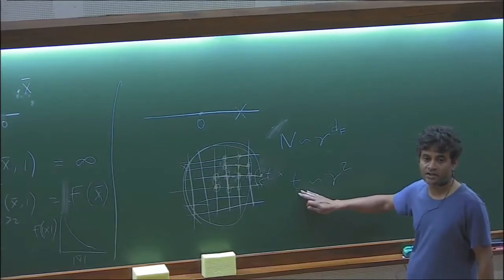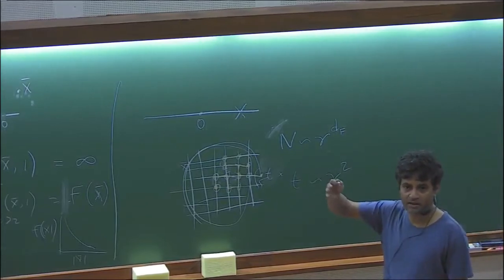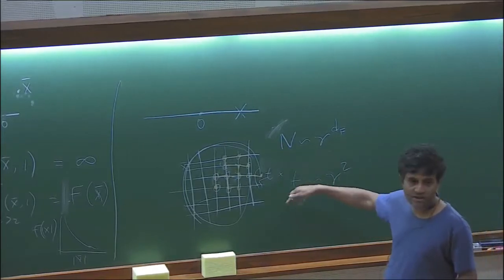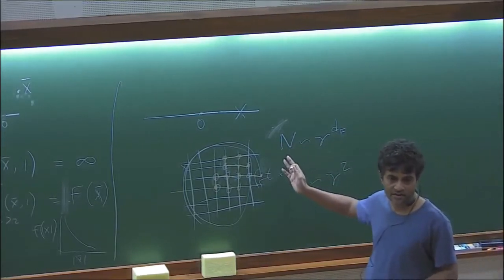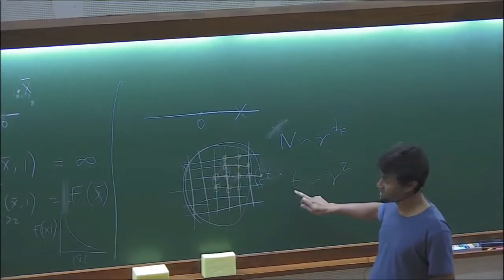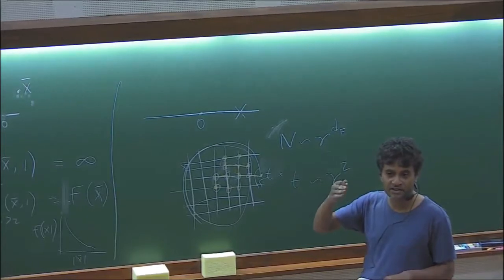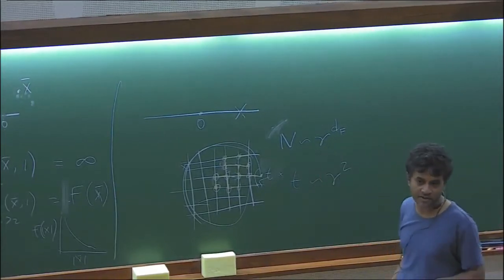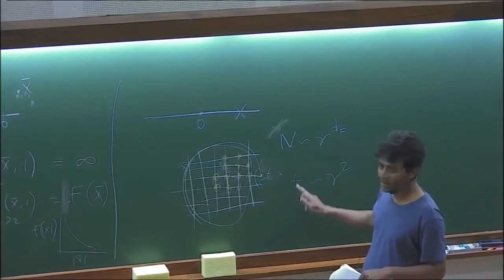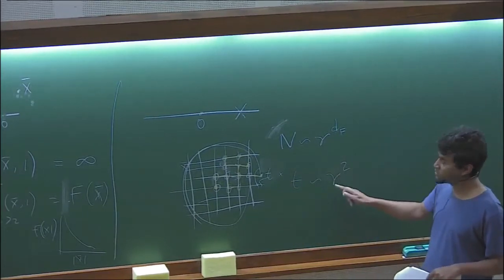Most sites are typically visited just once if you are in higher dimensions, let's say higher than 2, so the number of sites visited in time T is actually T. So n is actually T, and T goes as R square.